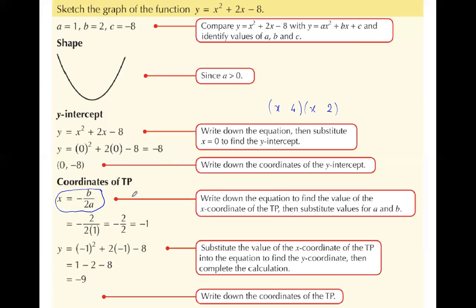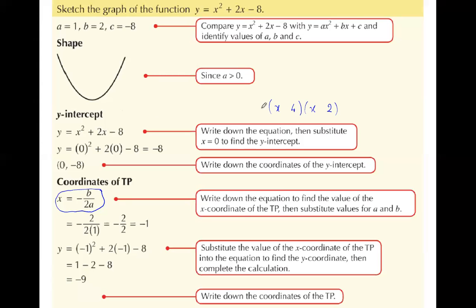Yeah, so let's say you can't remember the formula. So you should be able to factorize though, because you've learned that before. So to factorize, you need to find two numbers. When you times them together, you get negative 8. And when I add them, I get a positive 2. So straight away, in order to get a positive 2, the bigger of the two numbers has got to be positive.